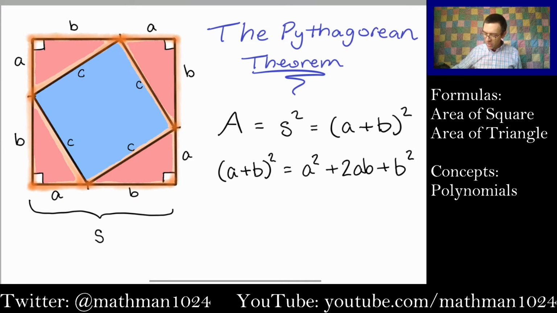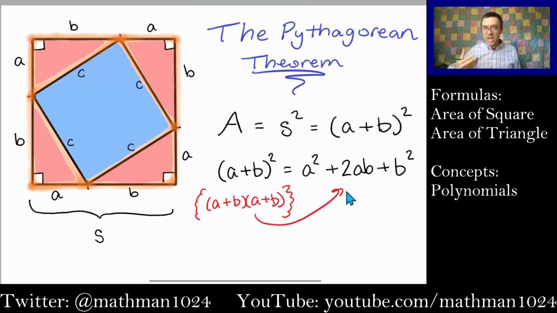If you are having a hard time believing me on that, I recommend you take a plus b times a plus b and FOIL that out. What you're going to find is that it is exactly what we have right here. We see this so often that we have this formula, because there's no sense in foiling it out every single time. We just know it, and we use it, and we go on.